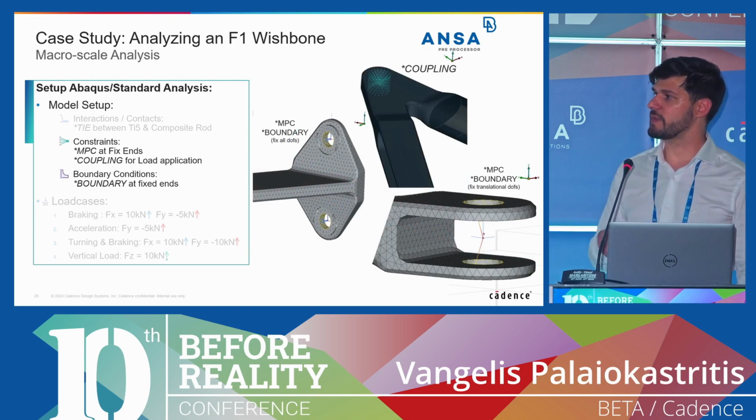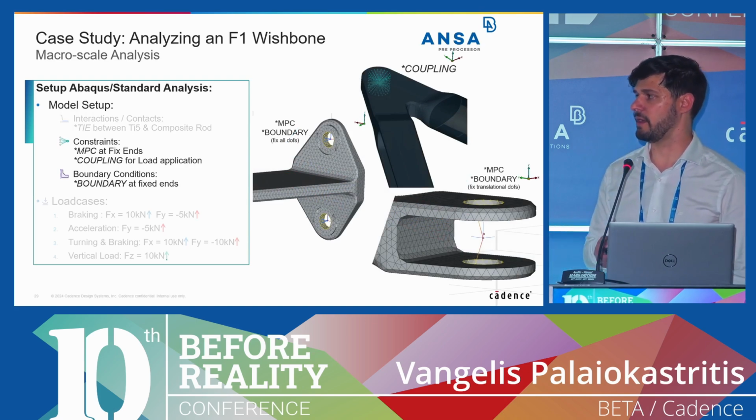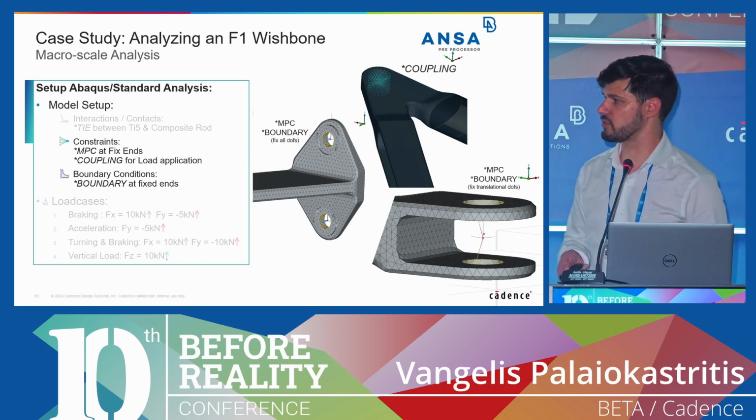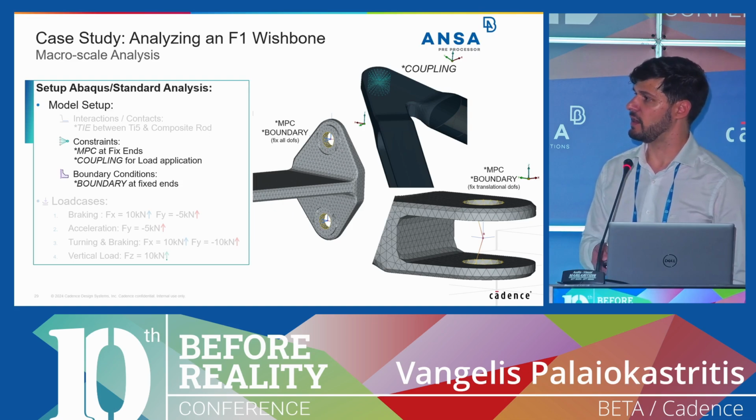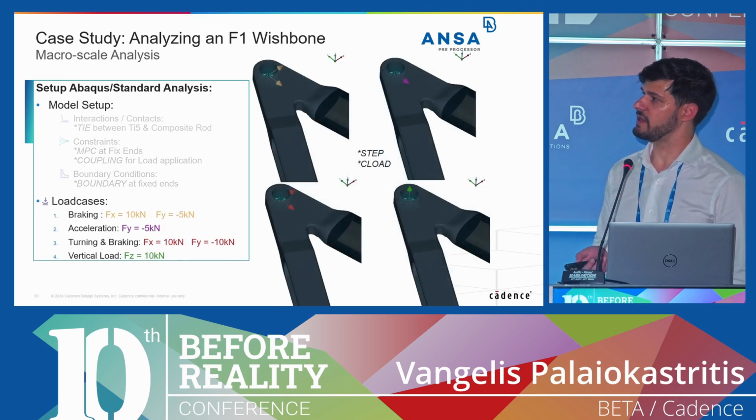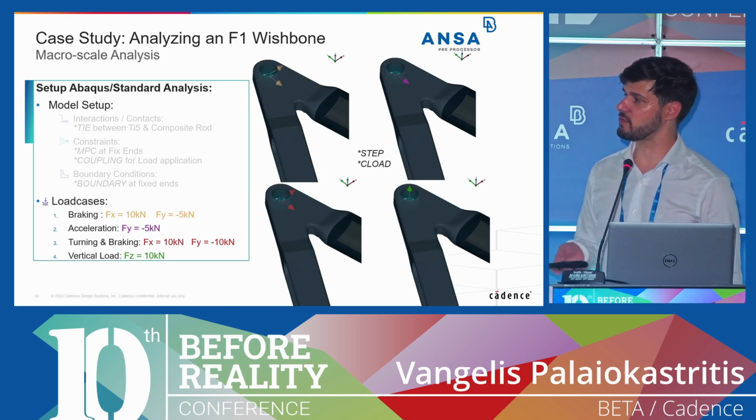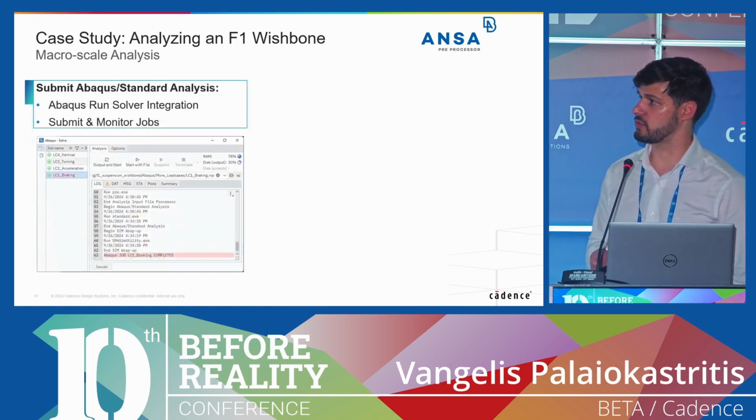Then we specify the constraints and the boundary conditions to apply on our ends, and finally we define different forces applied on different steps, and of course the concentrated loads.